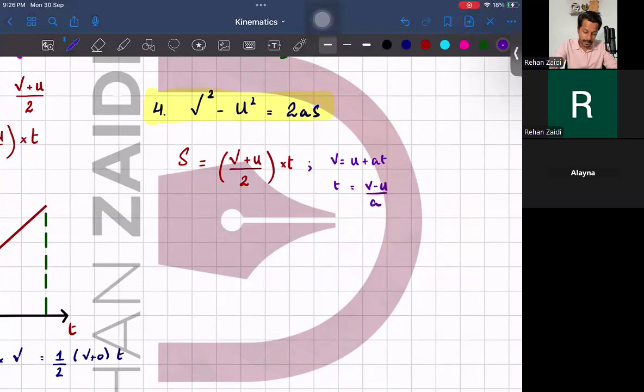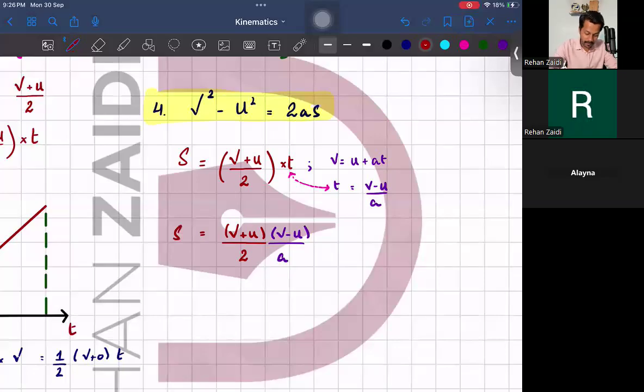Now I'm going to substitute the t over here. So this equation would be like v + u, which was already there, divided by 2. Then we'll get (v − u), which we get instead of t, divided by a, and s is still there.